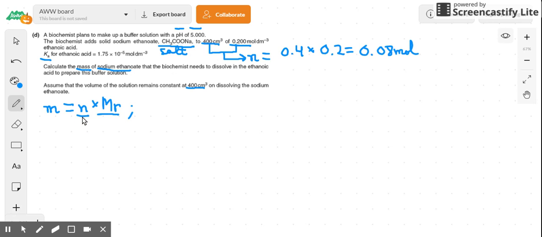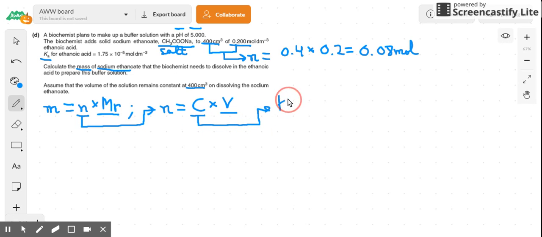However, we don't know the number of moles. How can we calculate that? Probably from the following equation, which is number of moles equals concentration times volume. We know the volume, which is 400 centimeter cube, but we don't know the concentration. Where can we get the concentration from?